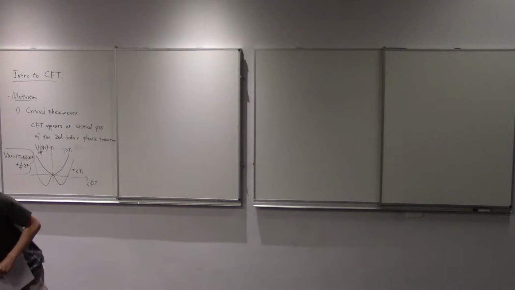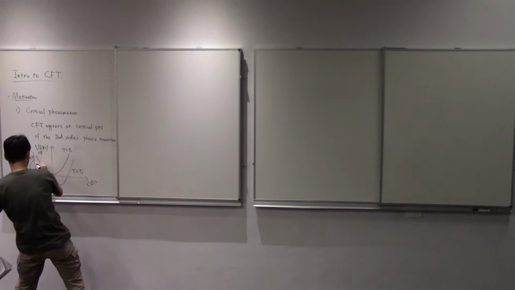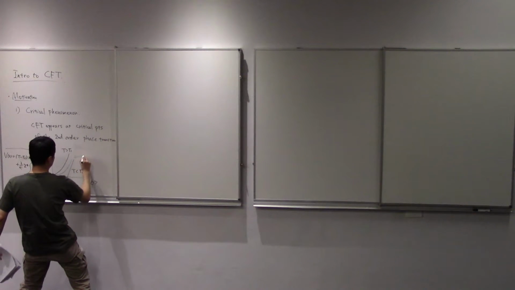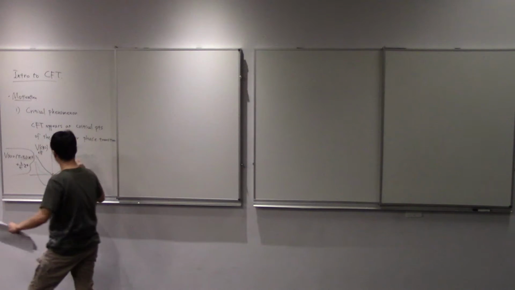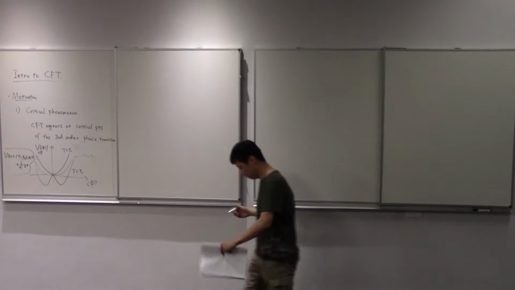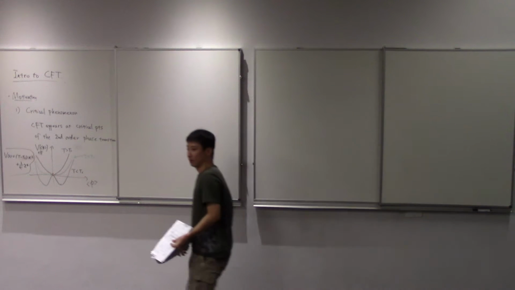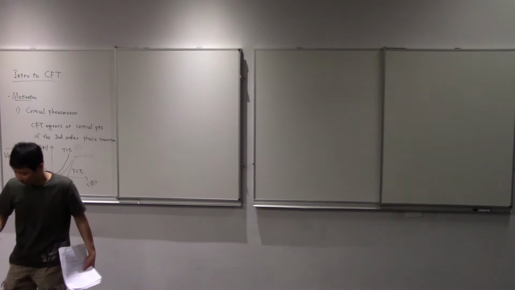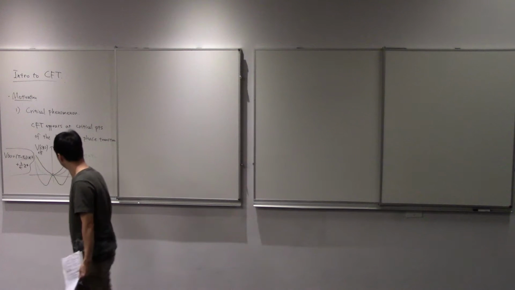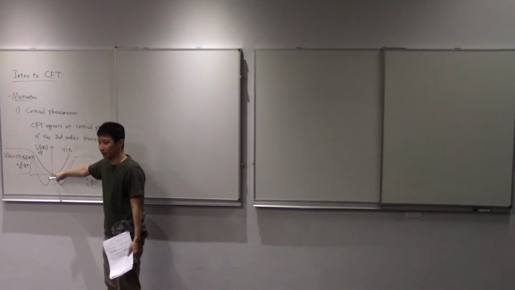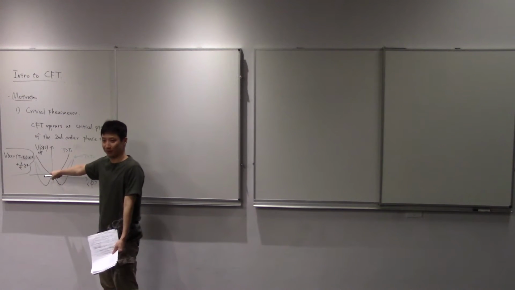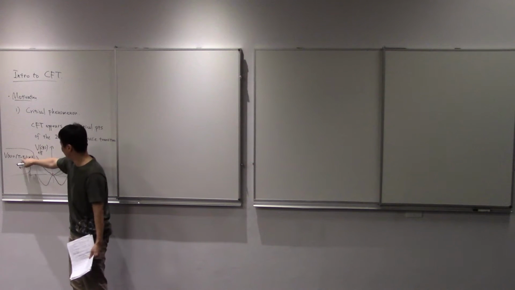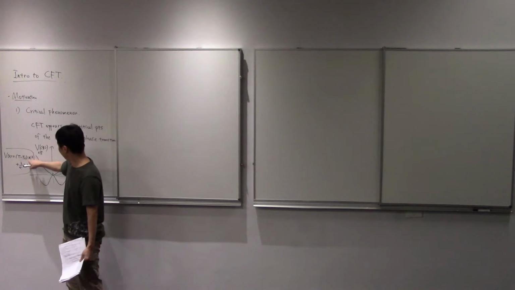And what is important is what happens at the critical point, when the temperature is the critical temperature. At this point, you have this potential, T is Tc, and the quadratic term is vanishing.